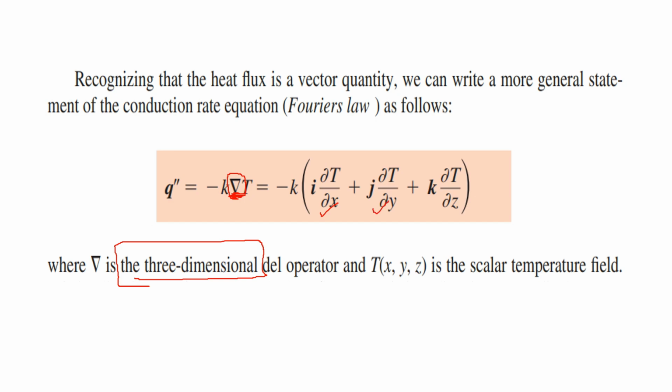To conclude, the heat flux, or heat transfer rate per unit area, equals minus k times the temperature gradient in the x direction, the temperature gradient in the y direction, and the temperature gradient in the z direction. Here i, j, k are the unit vectors defining the direction, and dT by dx and so on are the scalar quantities. So this is the 3D equation of Fourier's law in the x, y and z directions.